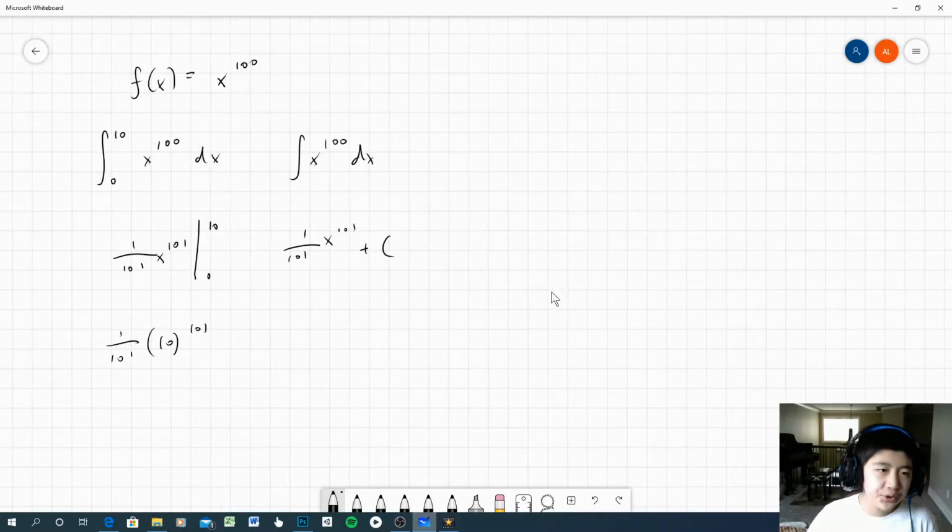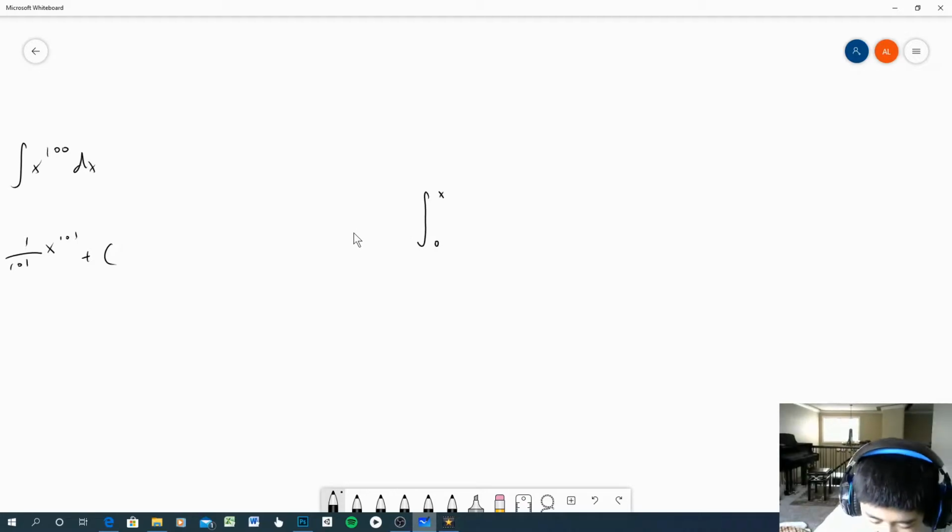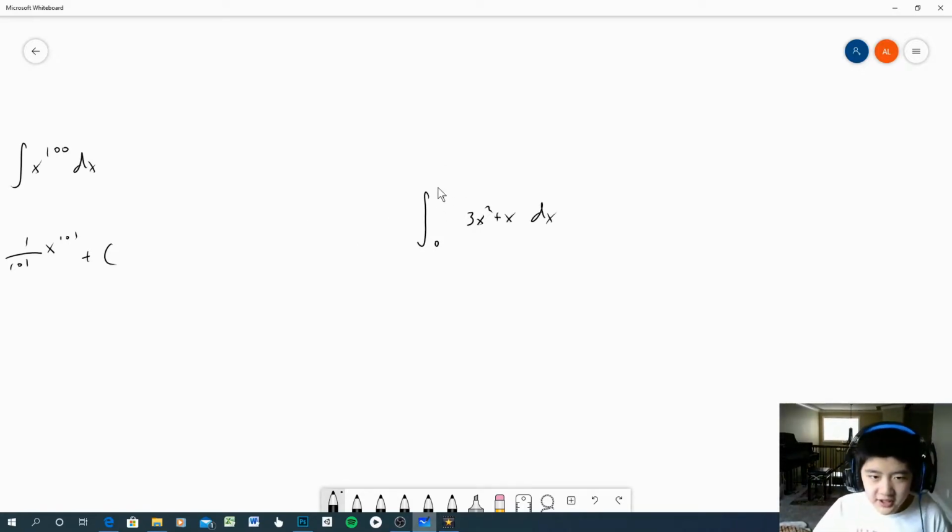Alright, now let's go to another special example. Let's say we have an integral, but instead of numbers, we have an x as a bound. And then we have, let's just have an easy function this time, 3x squared plus x dx. Alright, what are we going to do with this bound? Well, it's kind of just the same process.